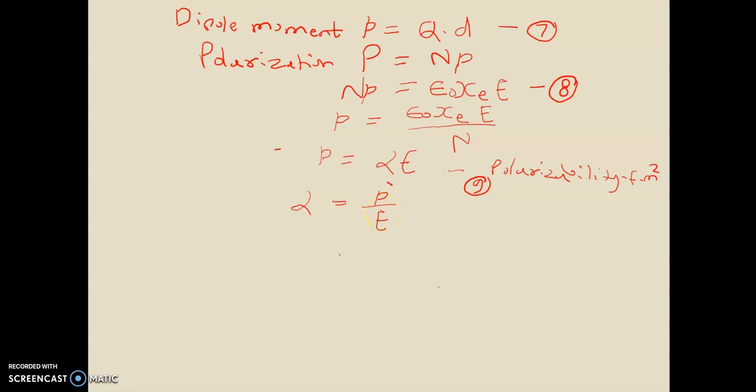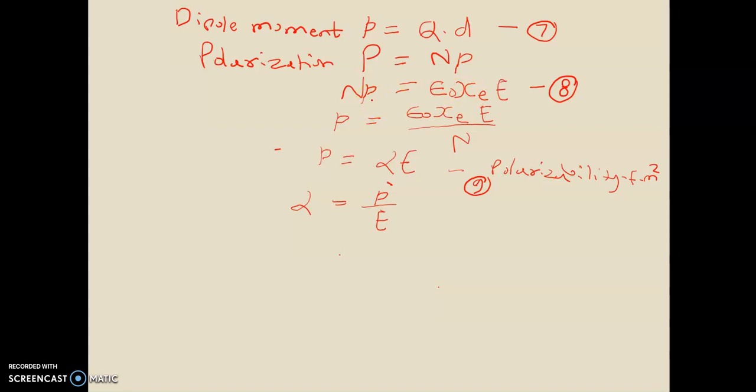Now, how will you remember polarizability and susceptibility? I will give you a hint. I told you to remember in comparison form, but here again I will give you a hint. Susceptibility is X. When you say dipole moment, it is in terms of polarizability, the constant of proportionality for dipole moment.